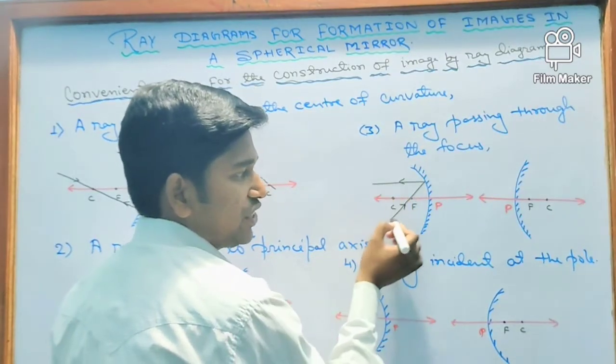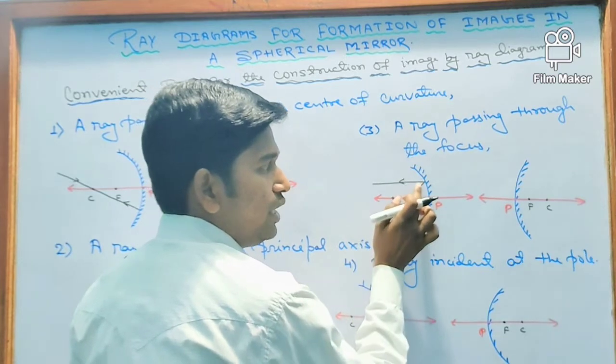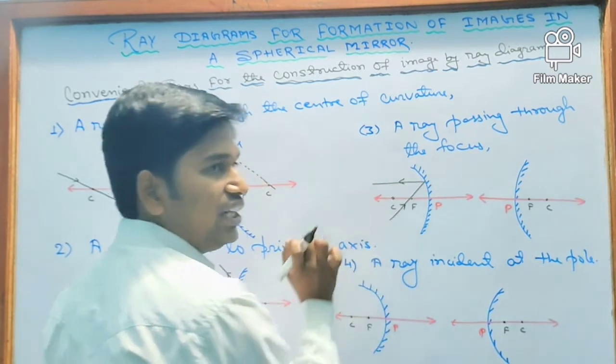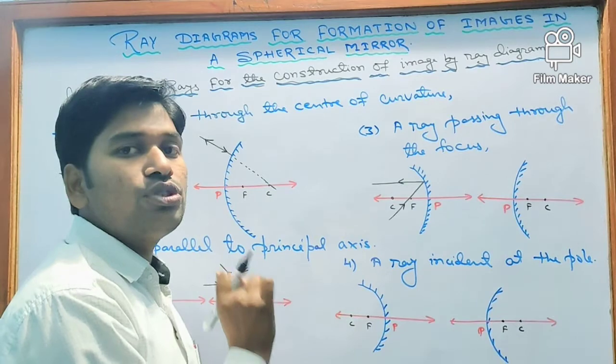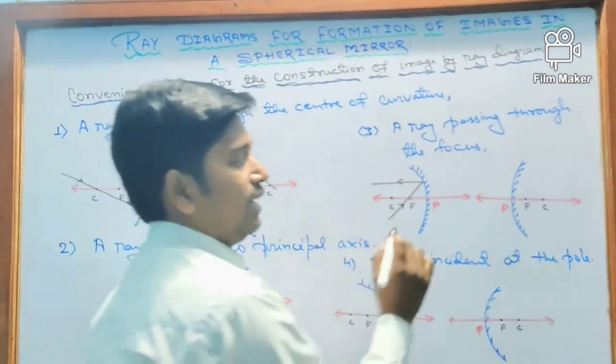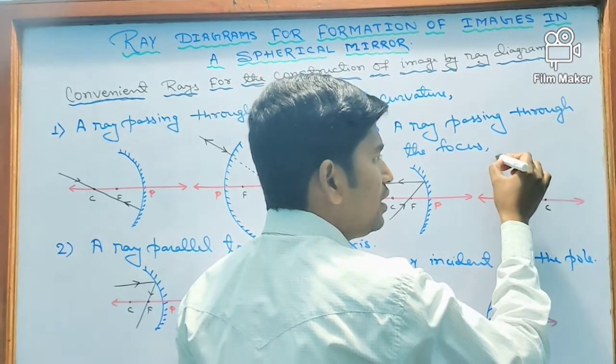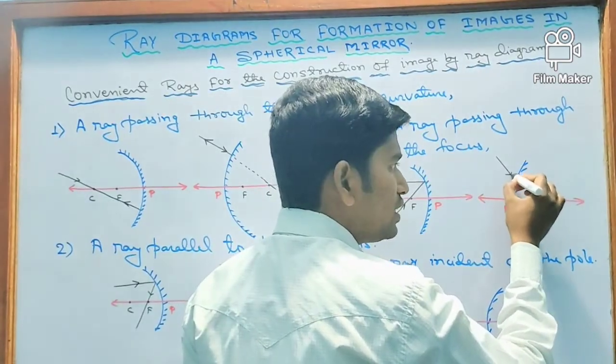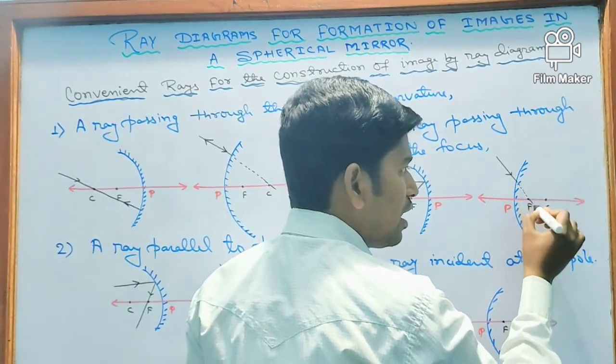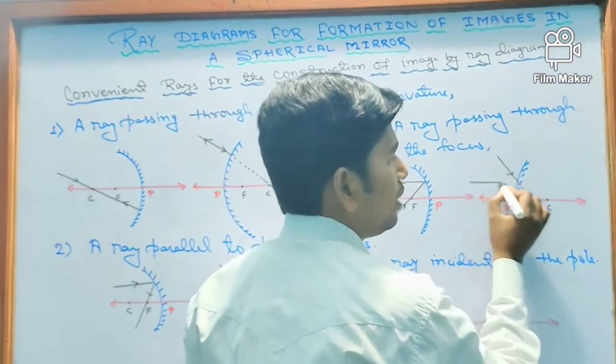So this is the direction when it passes through the focus. After reflection it will become parallel to the principal axis.